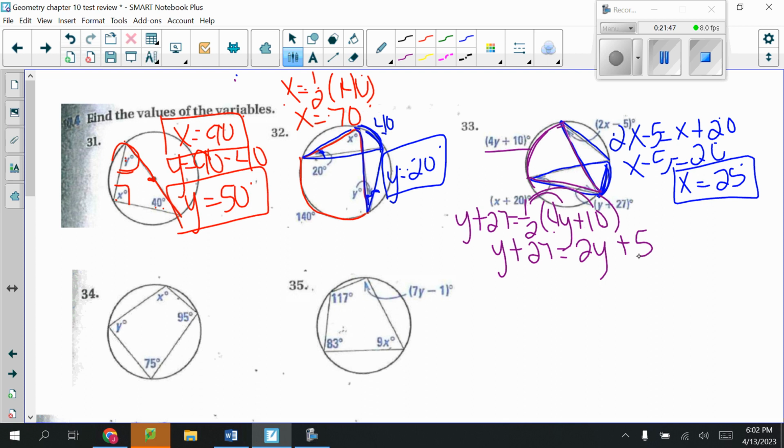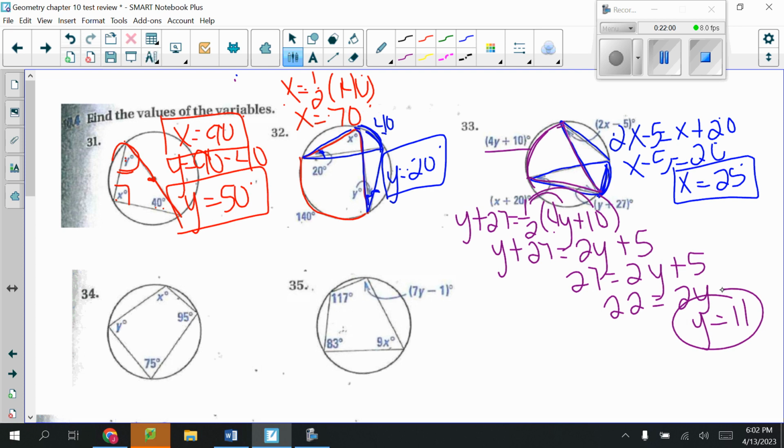Move this y over, so now I have 27 equals 2y plus 5. Subtract 5, so now I get 22 equals 2y. And divide, y is equal to 11. Well, let's do that one again. Sorry, I just realized that when I subtracted this y over, it is not 2y, so we're going to erase that.